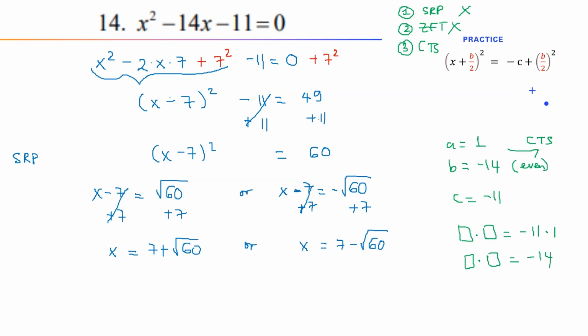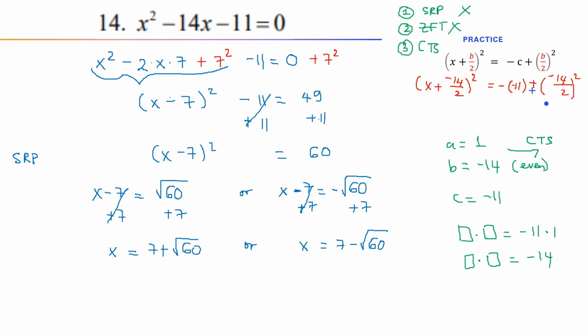How do we use the formula? Here we have x plus b, b is negative 14, divided by 2, squared, equal negative c. c is negative 11. And b is negative 14 over 2 squared.